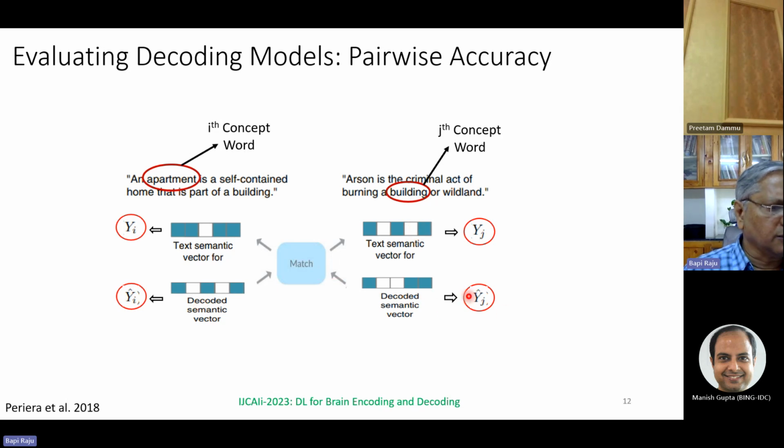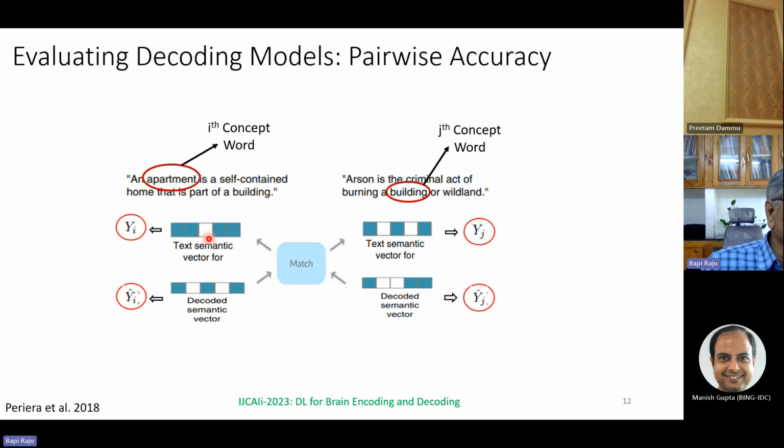Similarly, yj hat, the prediction for the jth concept, how similar it is to yi. So both within-concept similarities and across-concept similarities are computed, and the pairwise accuracy is computed by checking the within-pair sum of these correlations.